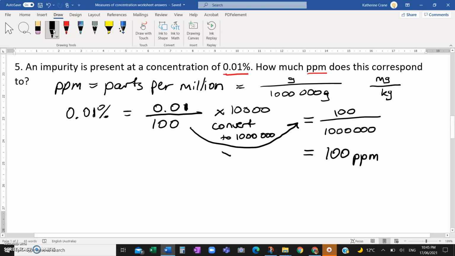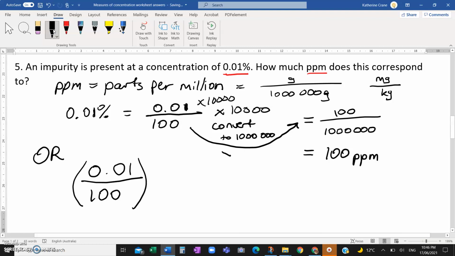So 0.01 divided by 100. Do that first, solve that, and then times that by 1,000,000, which is also probably just as simple. And you end up with the same answer, 100 parts per million.